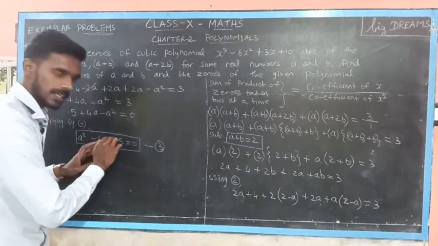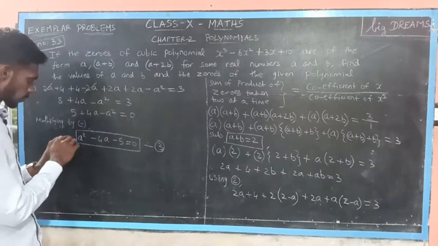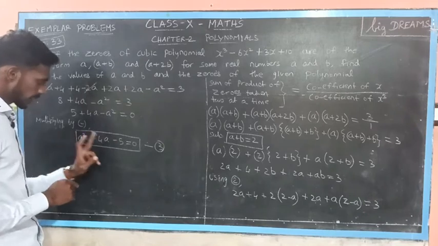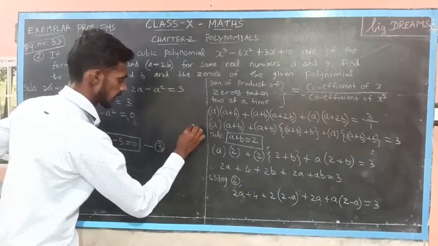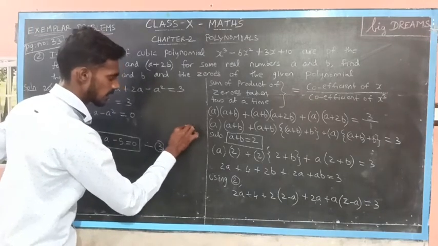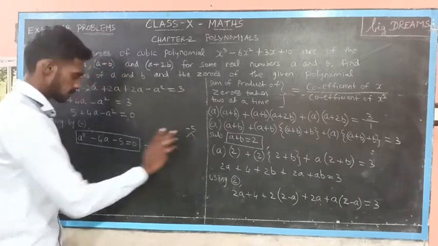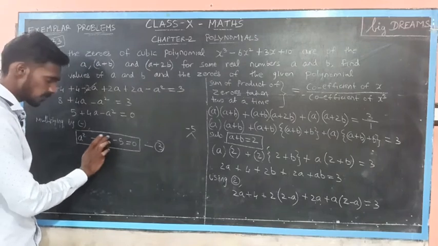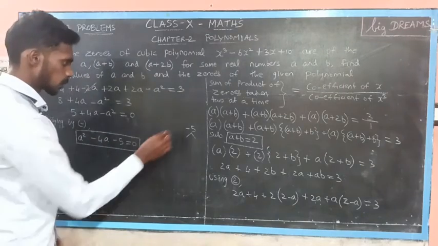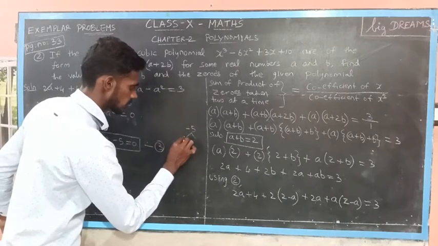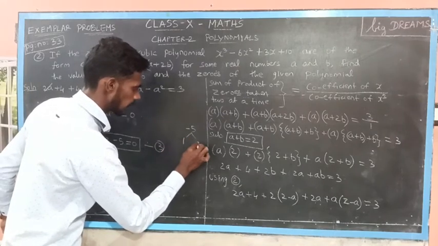On applying the splitting the middle term method, first we have to find the product of a square term and the constant term. It is 1 into minus 5 becomes minus 5. So, we are going to find the factors for the number minus 5, so that the sum of the factors must be equal to the coefficient of a term. So, I am going to split minus 5 as 1 into minus 5.